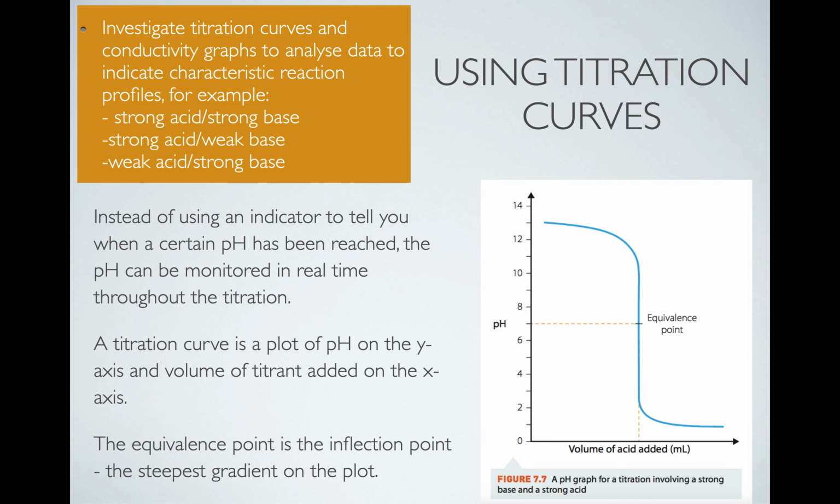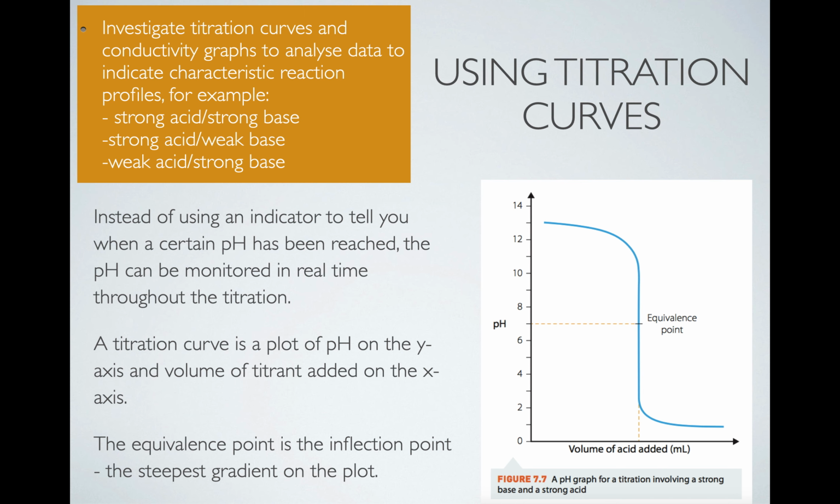So using titration curves. Instead of using an indicator, you can also use an indicator too, you can monitor the pH of your mixture in the bottom underneath the burette as you're adding one of the reactants in. So here on the diagram on the right hand side, look at the x-axis, volume of acid added.